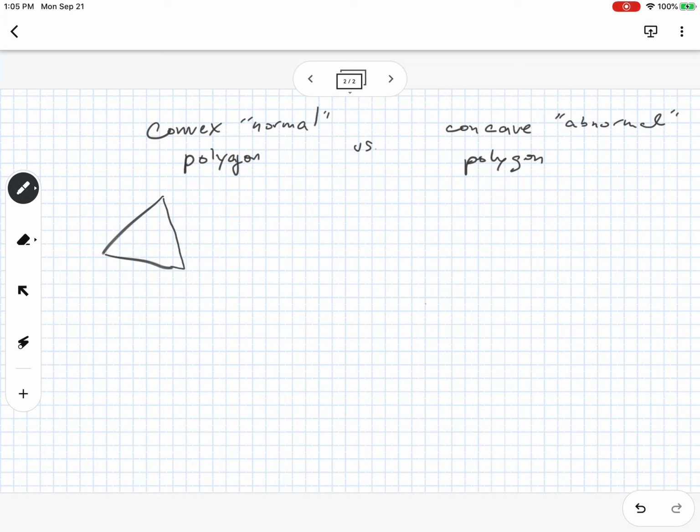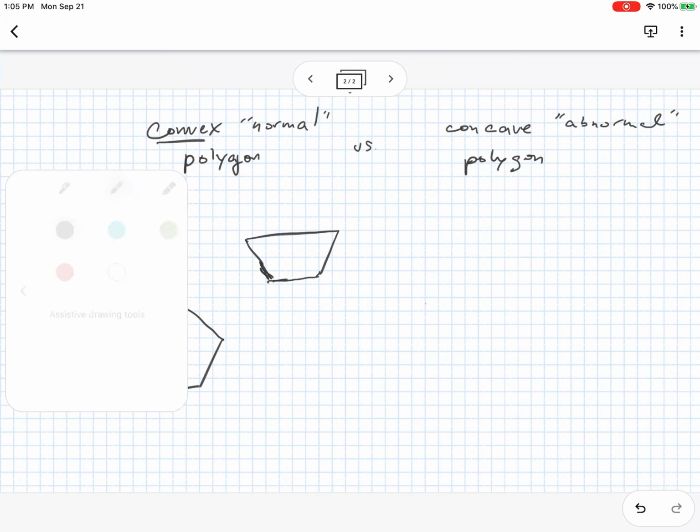So something typical, like a triangle, or a pentagon, a 5-sided figure, or a trapezoid. These are all examples of convex polygons.